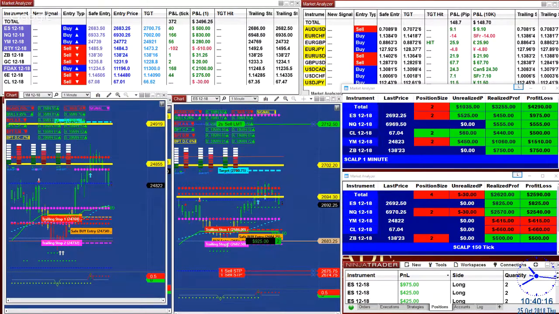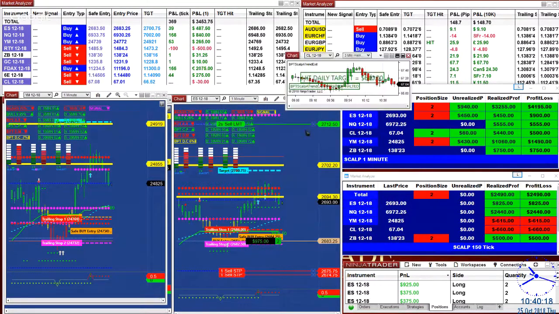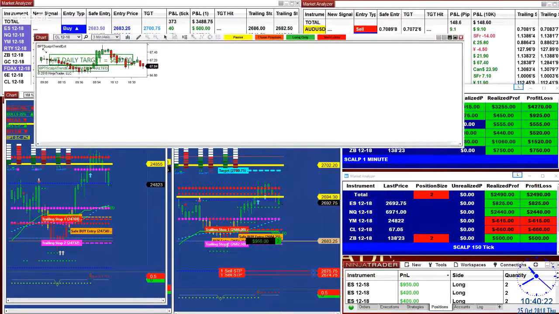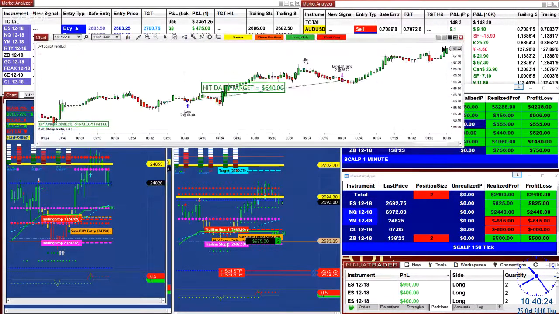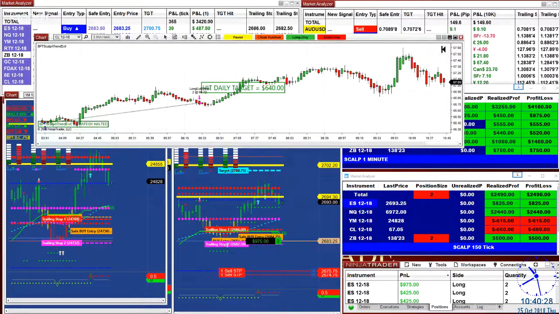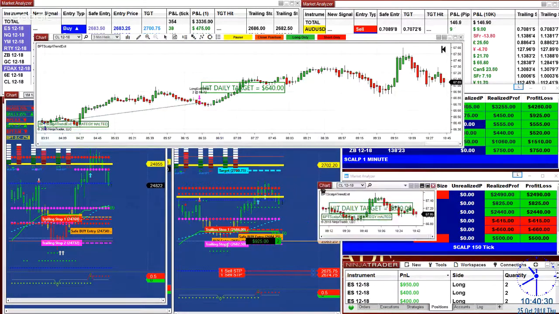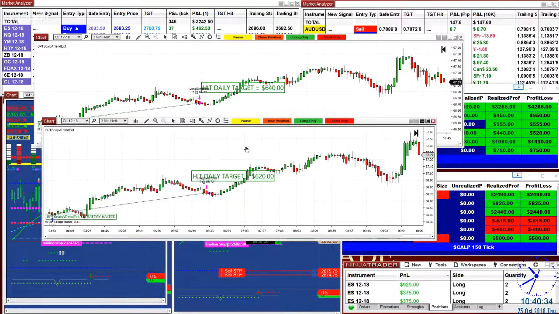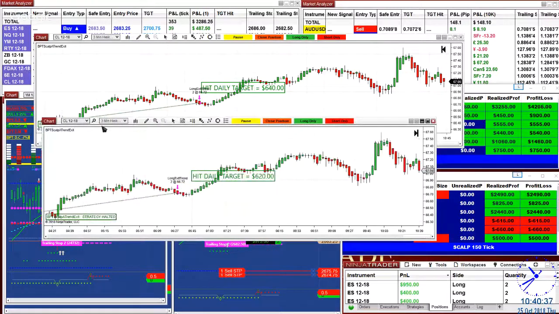Oh, this one is different. This is the CL. They're all the same, but this one is a bit different. The CL 640 took one trade, and this one, the filter, 620, but practically the same trade.